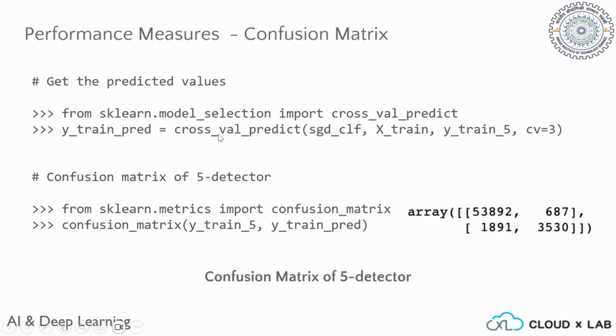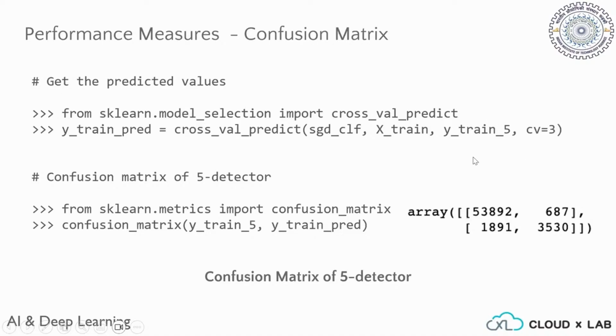Here first we are calculating the model predictions. We are using the SGD model, and using cross validation to get the predictions. SGD_clf is the model, X_train is the training data, y_train_5 is the output, and cv=3 means we are doing threefold cross validation.